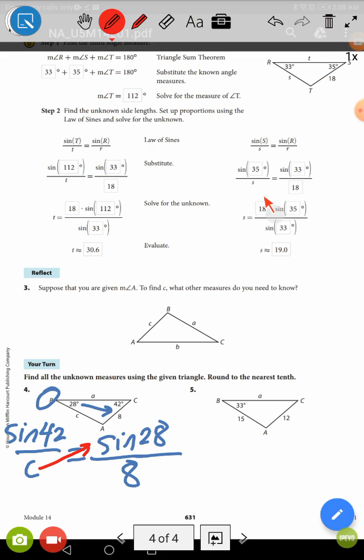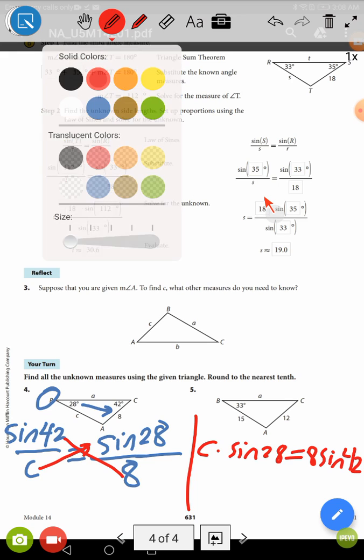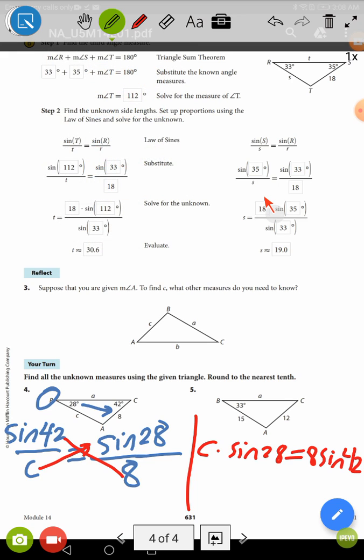C multiplied by sine 28 equals 8 multiplied by sine 42. Then what shall I do? Divide by sine 28.